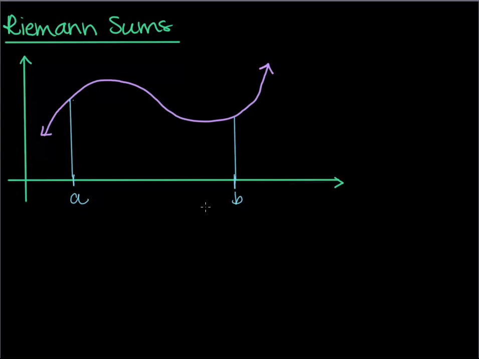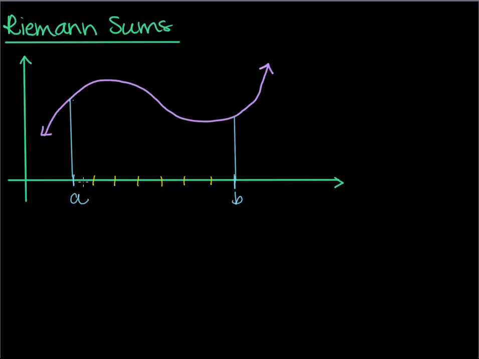split up the interval from A to B into some subintervals. Okay, and we are going to estimate. So I have 1, 2, 3, 4, 5, 6, 7 subintervals. And I'm going to estimate the area here by just putting in rectangles. Okay, so if I put in rectangles, the thing here is I'm going to look at this first subinterval right here, right?